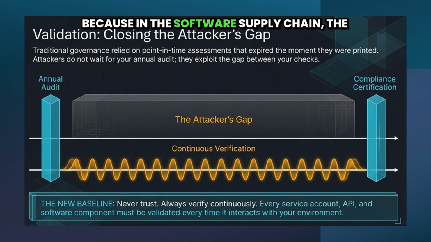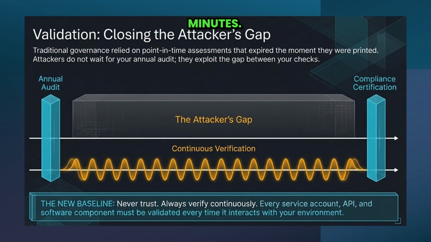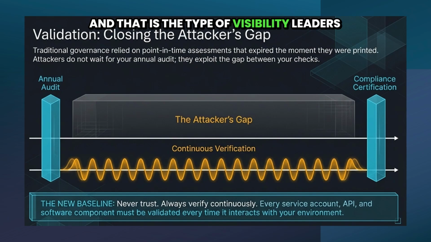Because in the software supply chain, the difference between a minor incident and a catastrophic breach is often measured in minutes. So, leaders must be able to see what is happening as it happens, not after the damage is done. And that is the type of visibility leaders have to create, not the visibility of a dashboard, but real-time visibility of what is happening. And that is not a luxury.